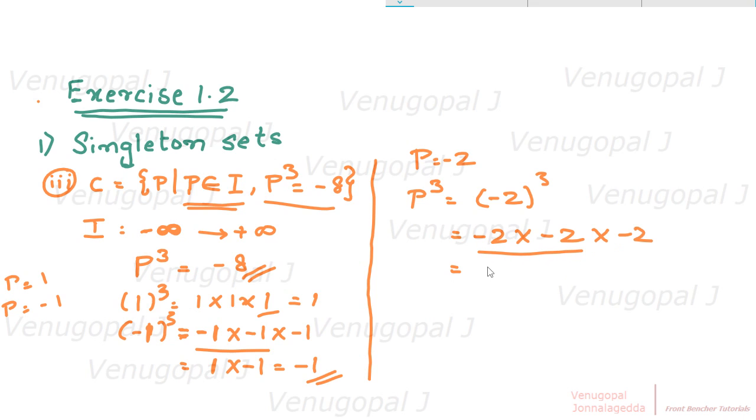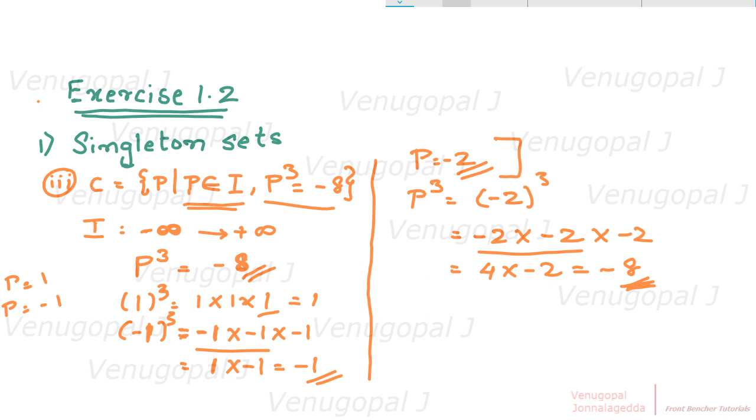Minus 2 into minus 2 is plus 4, into minus 2 is minus 8. So we have got it. What this means is that when P is equal to minus 2, only then P cube is minus 8. So we have got a singleton reply. If we take any other number, you will not get it.